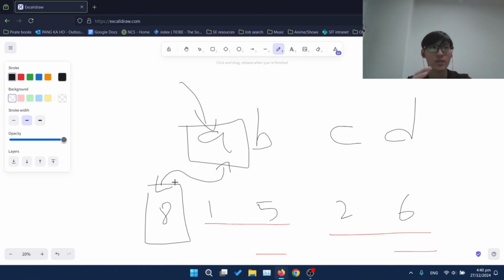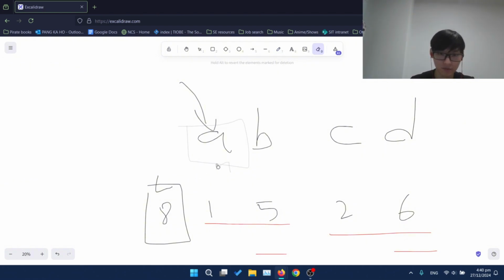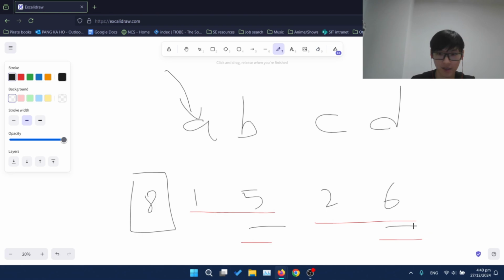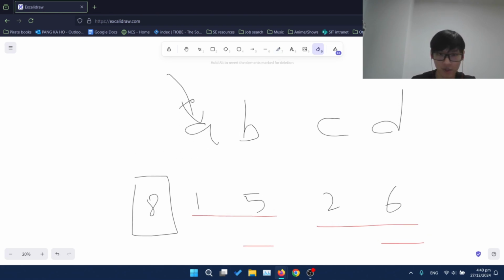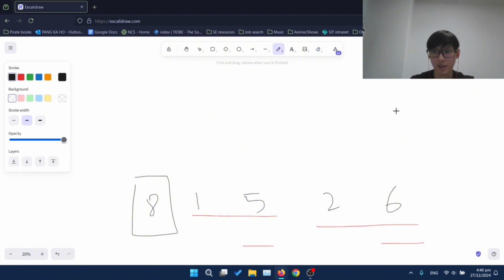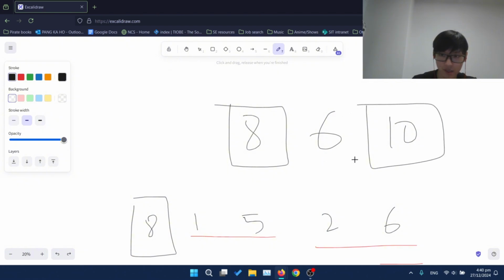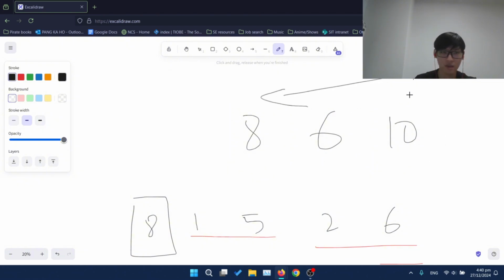But you will never consider an element that is smaller than its neighbors. So let's say you have a 10 here, an 8 here, and a 6 here. You would rather consider this, and you will never actually consider this. That's why you want a decreasing stack from the right.